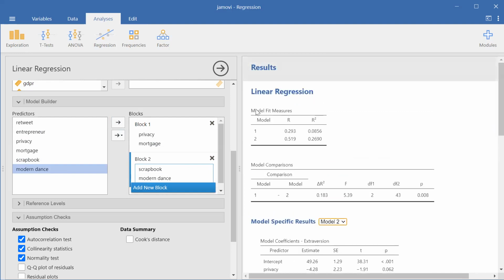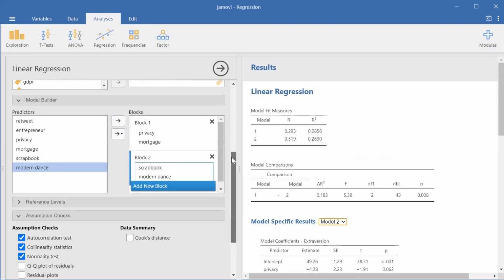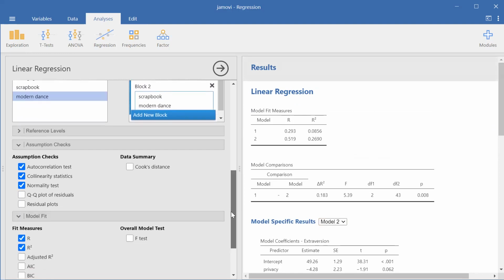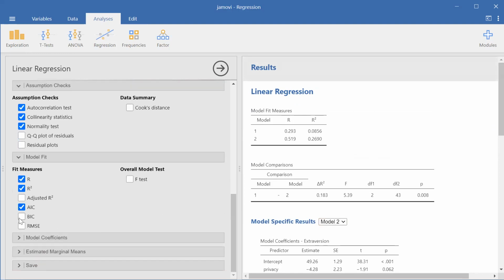Now, what are model fit measures? Over here, we've measured the fit of the model using R squared, AIC, BIC, and RMSE. AIC stands for Akaike information criterion, BIC is Bayesian information criterion, and RMSE is root mean squared error.